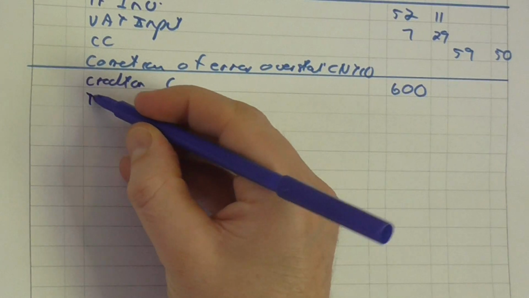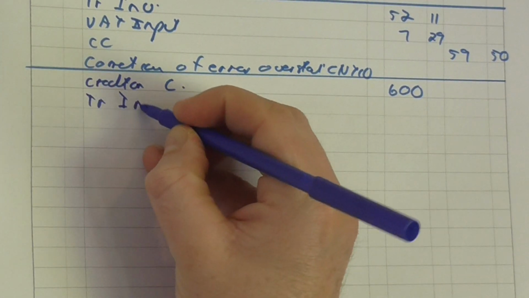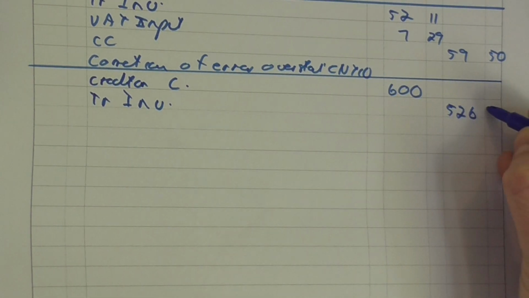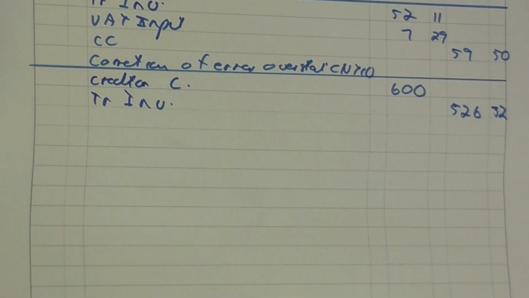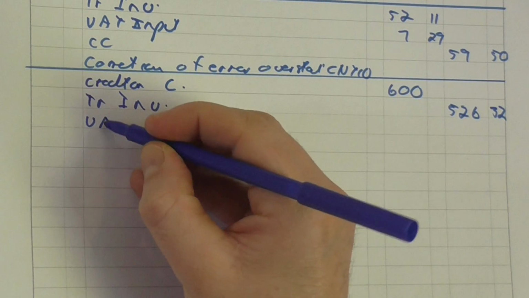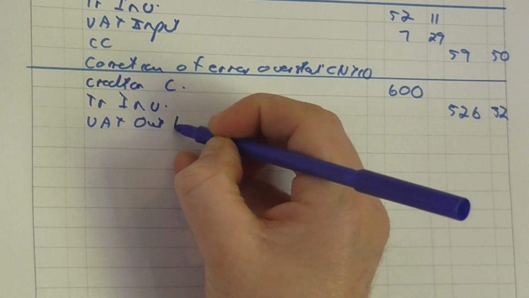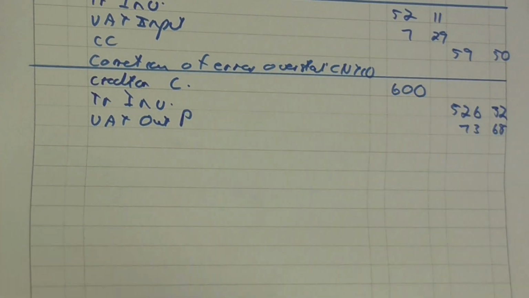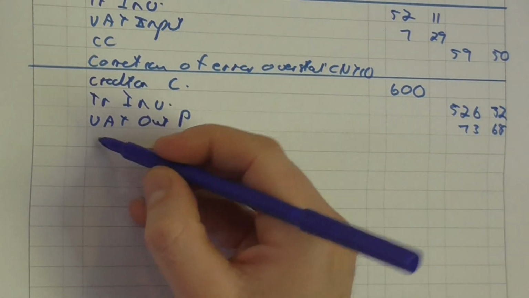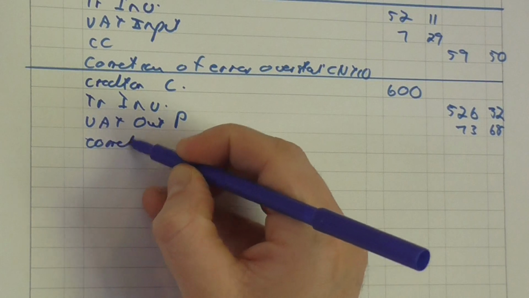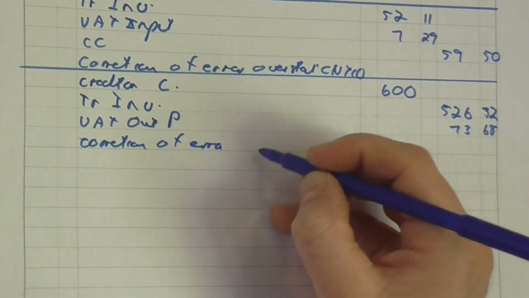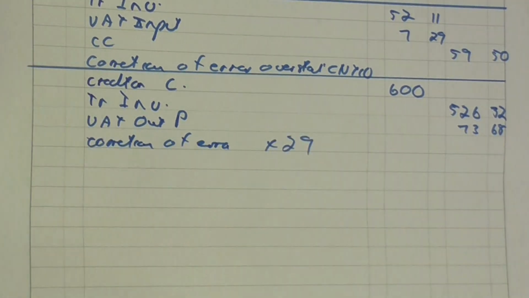Trading inventory gets credited with 526.32, and VAT output gets credited with 73.68, and then it's correction of error of invoice X29.